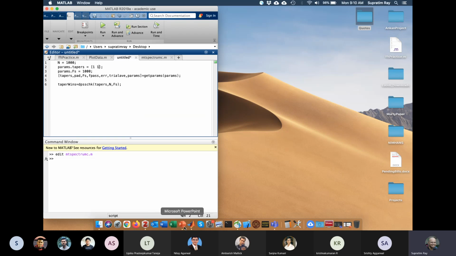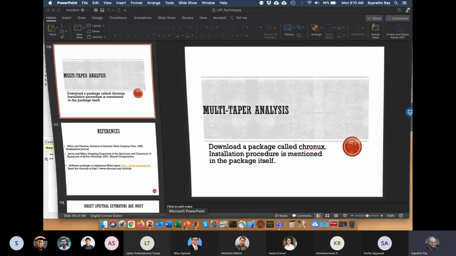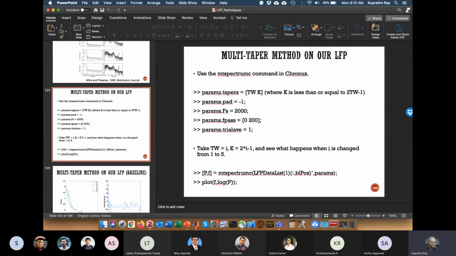So let me just go back here and see if I have put it somewhere. Yeah, here it is. Here you can specify the tapers that you want, and it takes this variable TW, which could be at least one or could be a larger number, and K, which is the number of tapers that you want, the maximum of which is 2TW minus 1.